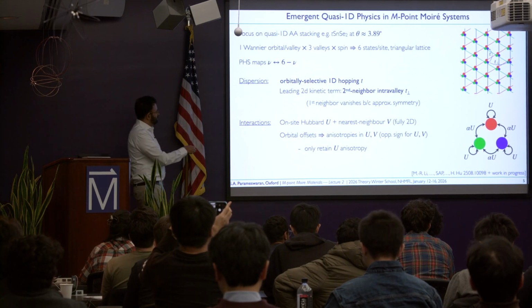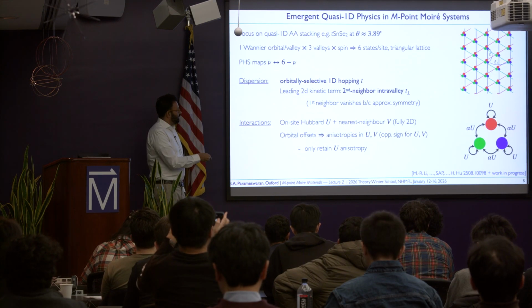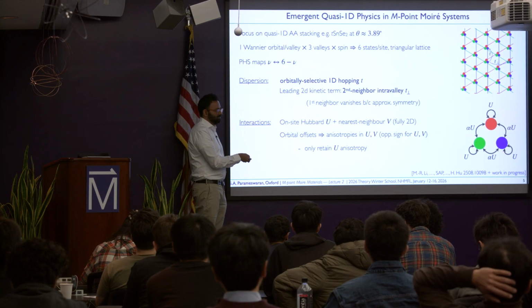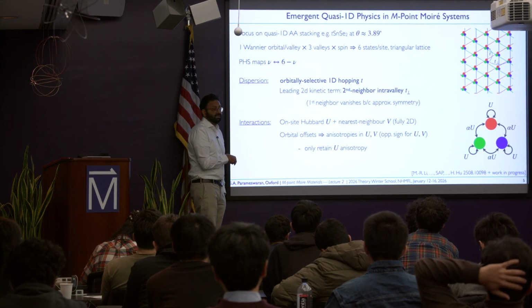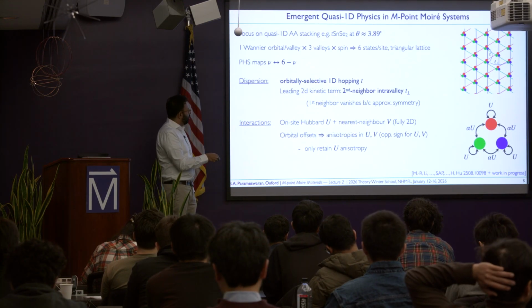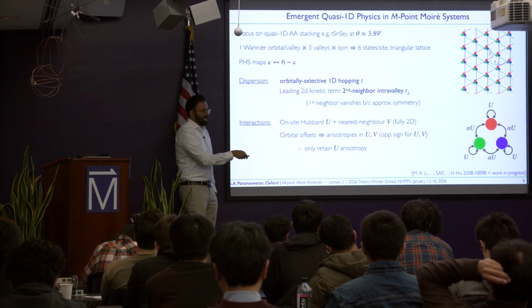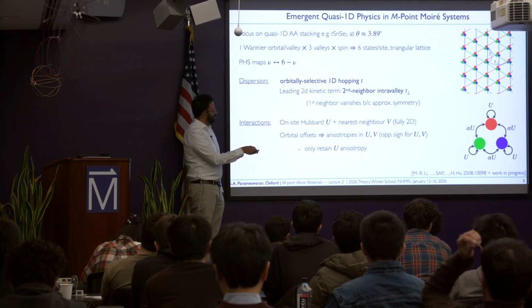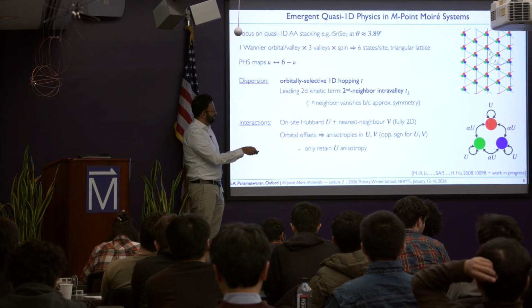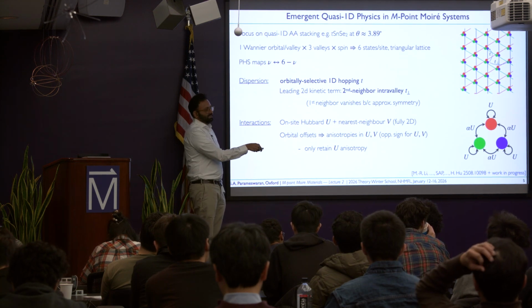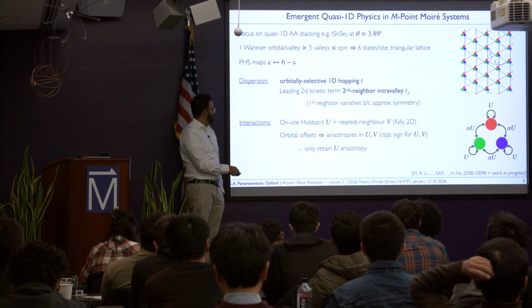So interactions are where the physics of the orbitals get mixed. So there's an on-site Hubbard U, and there's a nearest neighbor V, and that nearest neighbor V is fully 2D, so it connects all possible nearest neighbors in the triangular lattice. And the orbitals are not exactly on top of each other, so they give you anisotropies in U and V. So for instance, the red to red Coulomb repulsion will be bigger than the red to green or red to blue, just because the electrons in the green and blue see each other slightly offset.